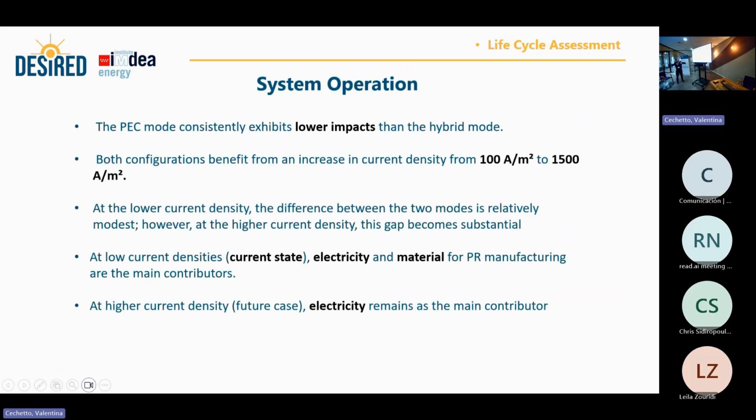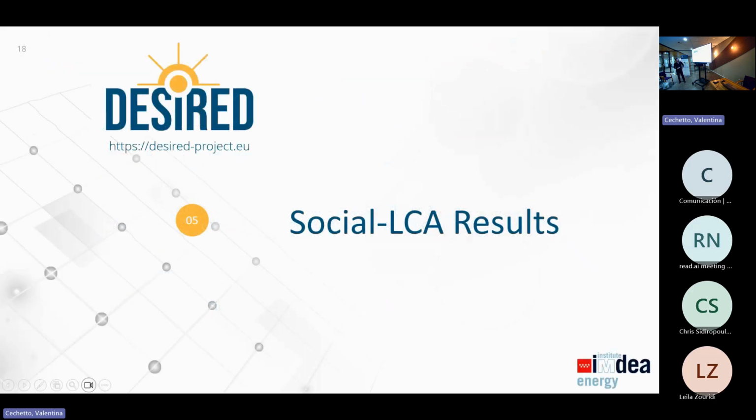Always the PEC mode is showing lower impact compared to the hybrid mode, and by increasing the current density in future, the environmental impact will be substantially less than the current state. And also at the current state with this 100 current density, electricity and material are the main contributors, but in the future, electricity will be the main contributor to the environmental impacts.